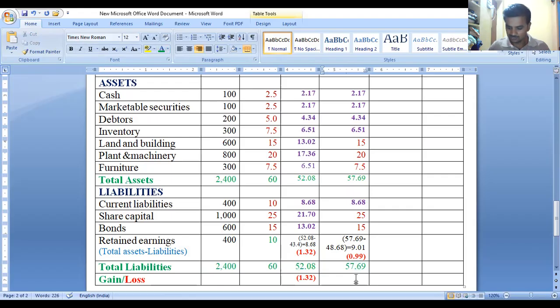So this is also a loss, nearly $1. So by using the current and non-current rate method, it shows a loss.